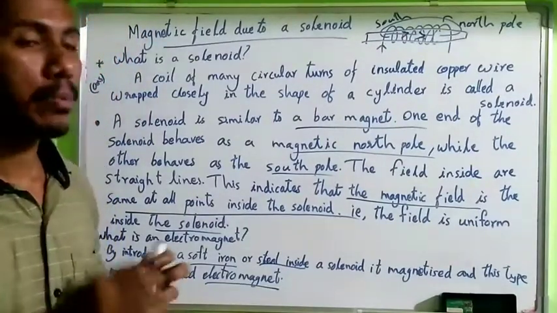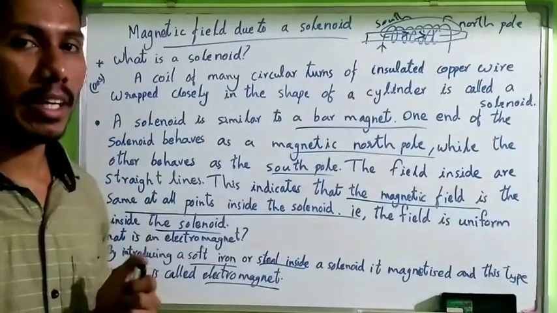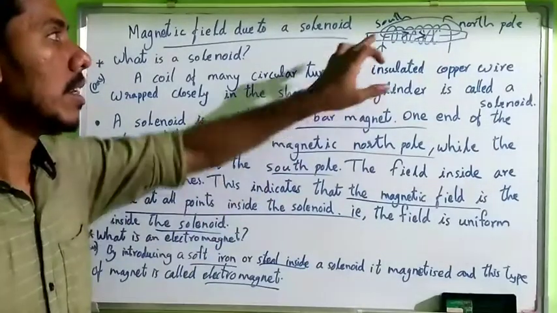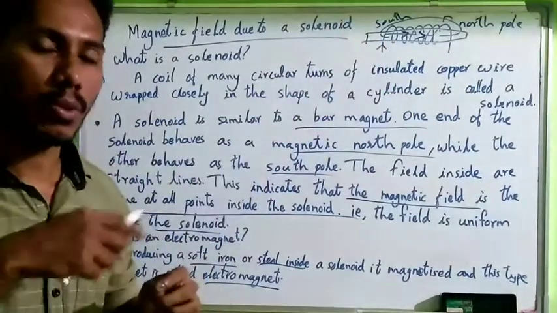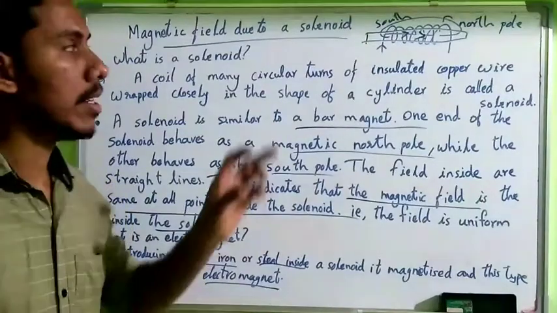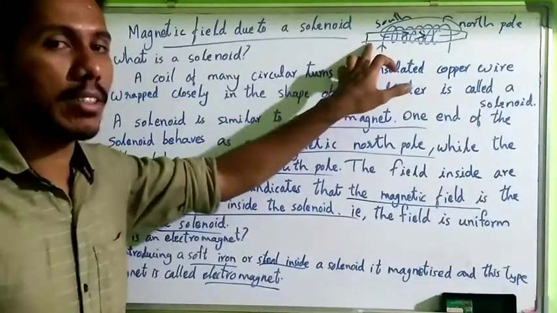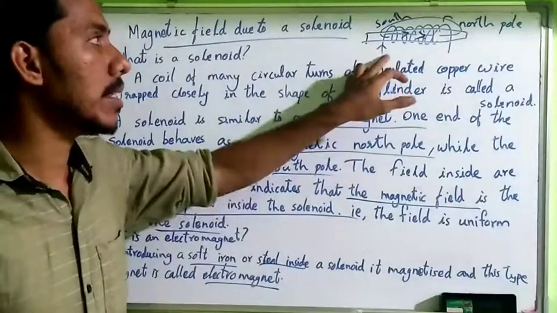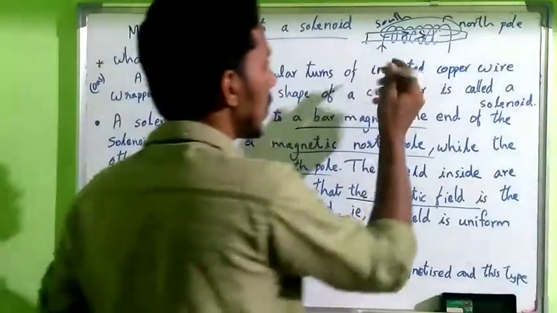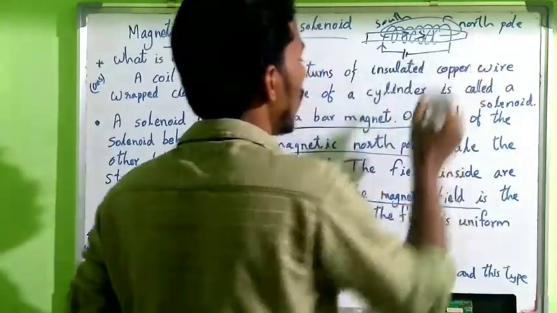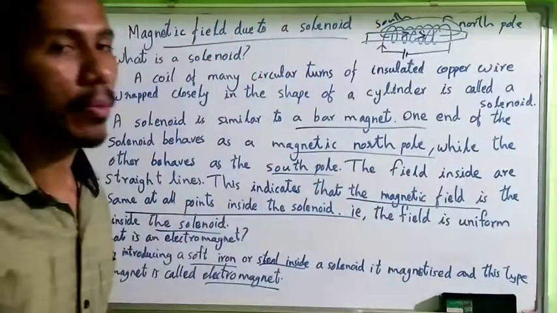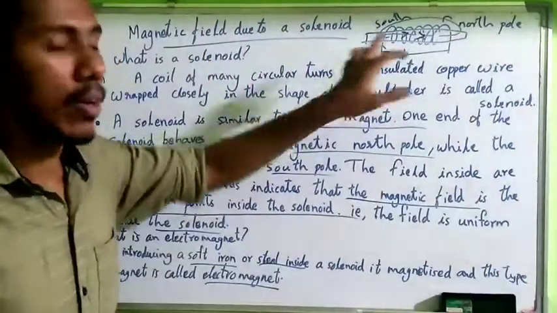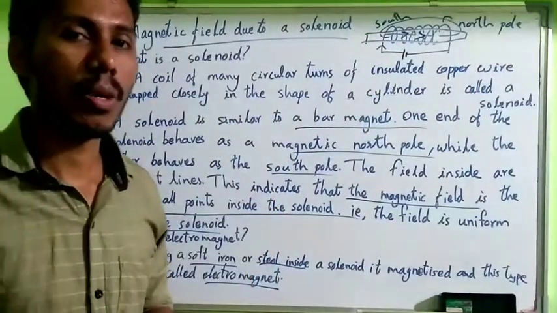So if you put an iron nail or soft iron inside this solenoid, then it acts as a magnet. It needs a battery for electric current. So it is known as an electromagnet.